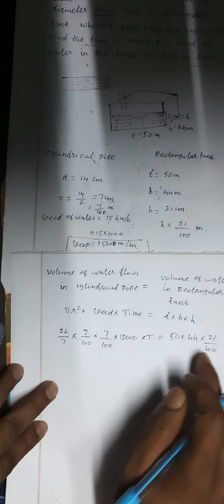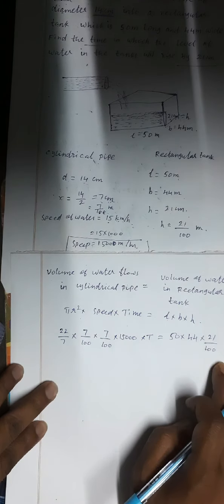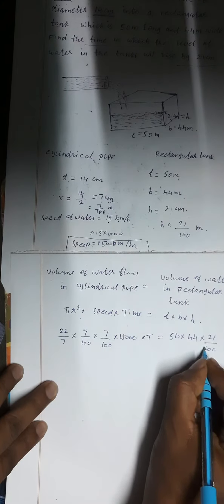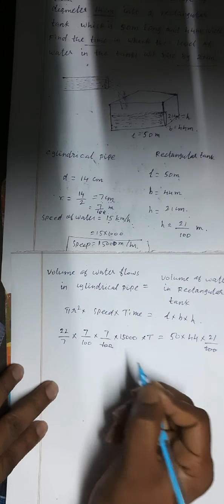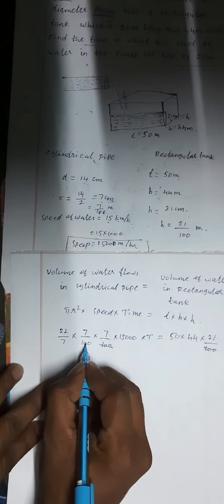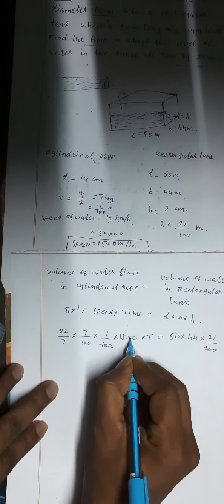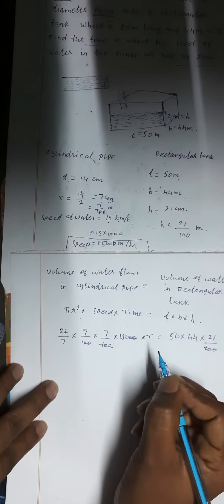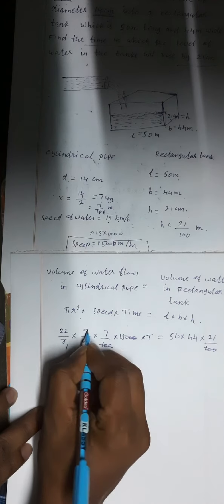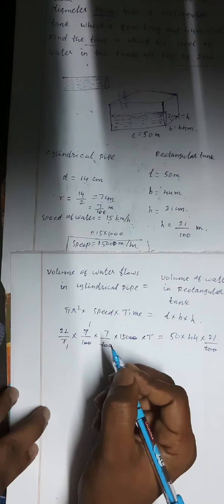Now you want to cancel. Listen carefully. So 100 cancels. Next here 20, here 20 we can cancel. The next, 1 7 is 7, 1 7 is 7.